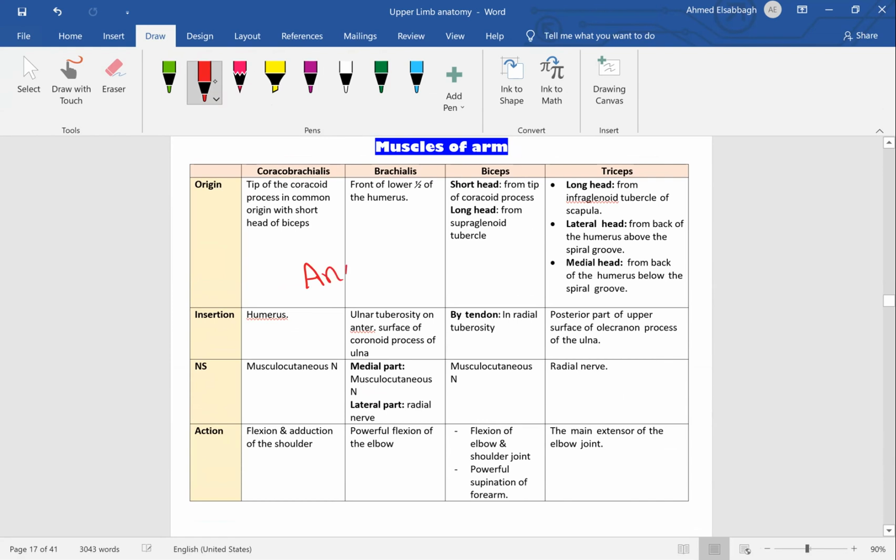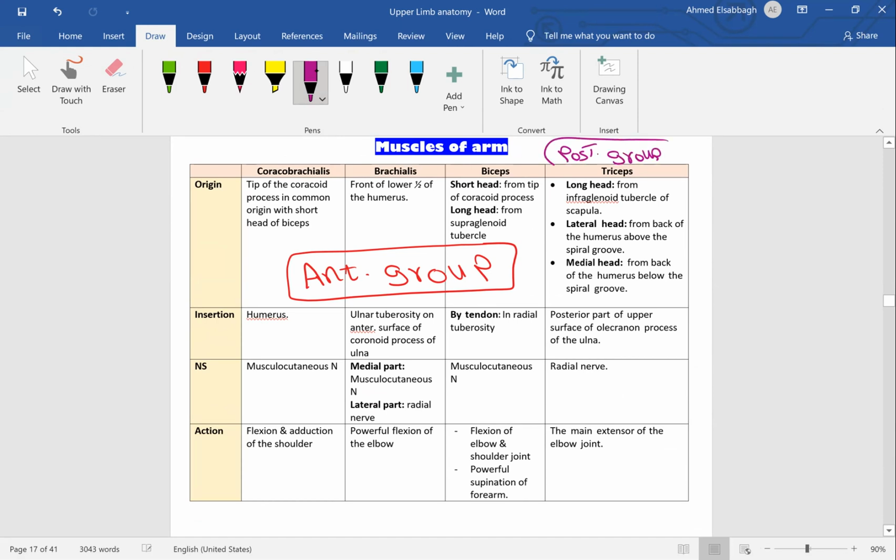These three muscles are called the anterior group, and this single muscle is the posterior group. So the anterior group is formed of three muscles: coracobrachialis, brachialis, and biceps.